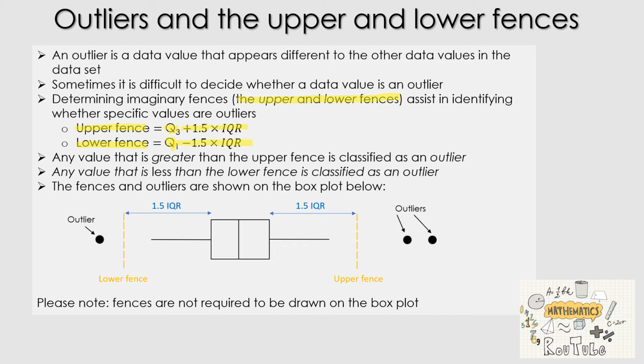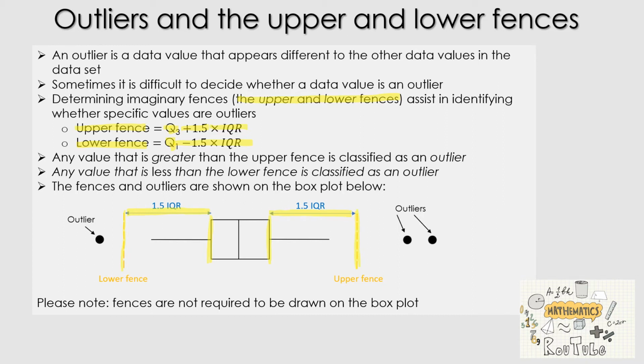If we jump straight down to the box plot, we've got our Q3, which I've marked in yellow, and our Q1, which I've also marked in yellow. We can see that this yellow here is 1.5 times the IQR below Q1, and then we have our lower fence. On the other side, we've got 1.5 times our interquartile range, which draws our imaginary upper fence.